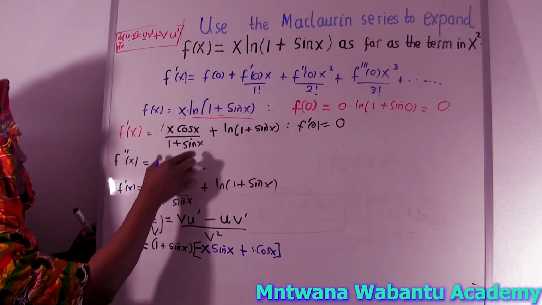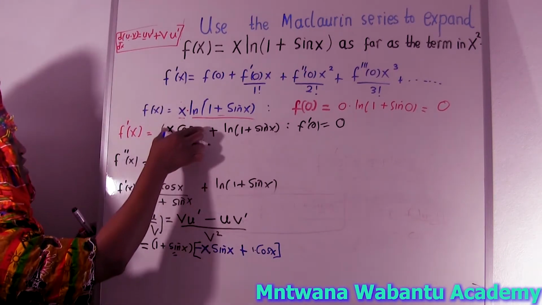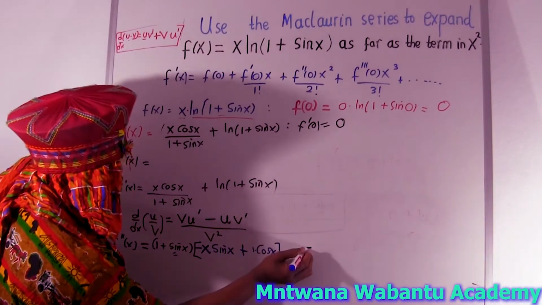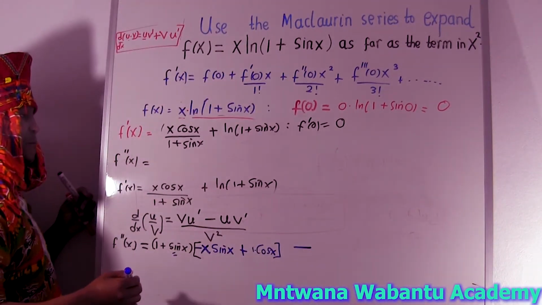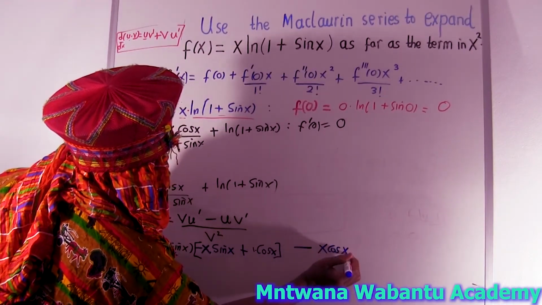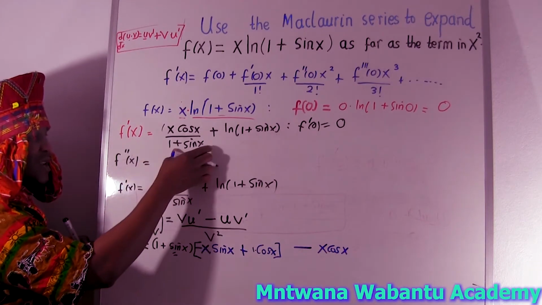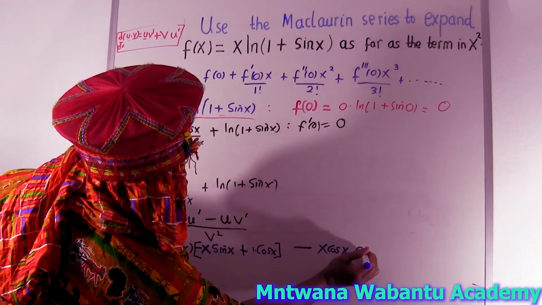Now the denominator is constant, and we differentiate this, and then we're going to minus. Now the numerator x cos of x is constant, and then we differentiate the denominator. When you differentiate 1, you get 0. When you differentiate sin, you get cos of x.